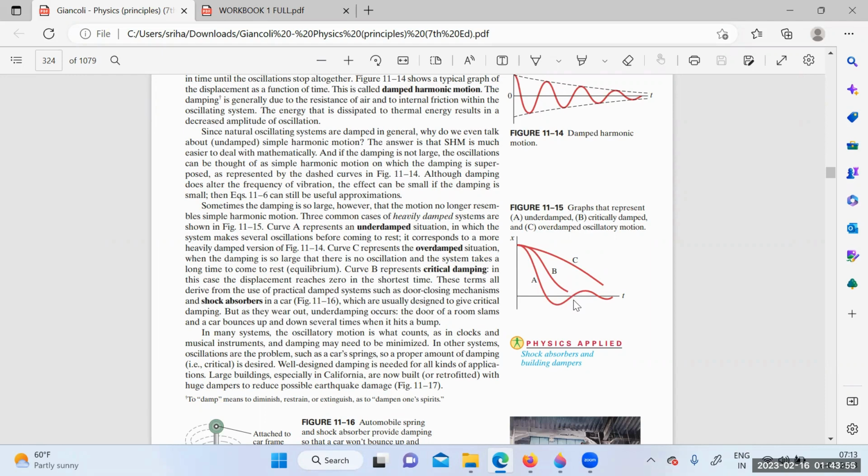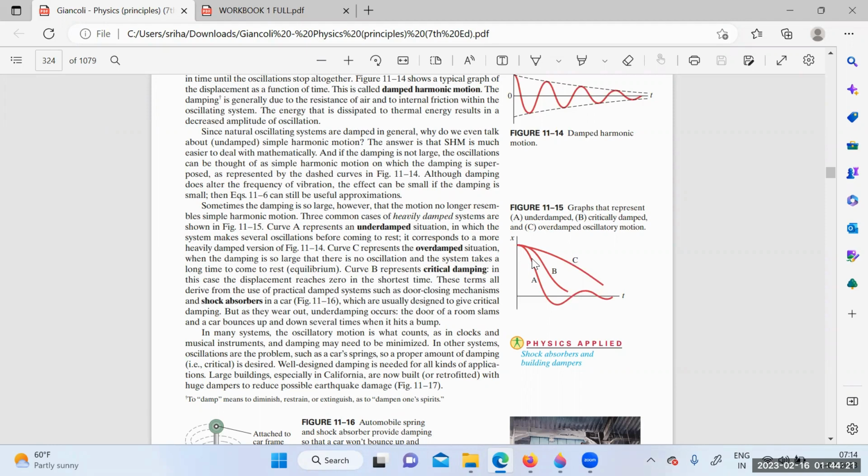So that is critical damping. Most examples of damped harmonic motion you see in the real world would come under critical damping only. So that's about damped harmonic motion. If you have any doubts, you can ask.